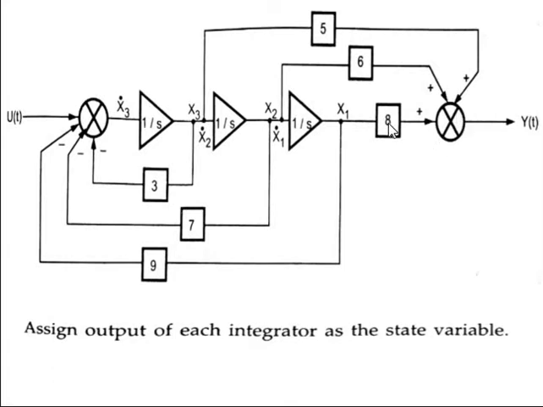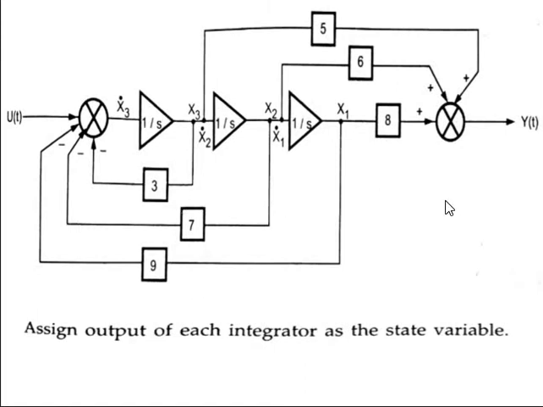Because 8 is not multiplying with any s. 6 multiplying with 1 s, so 6 is connected before one integrator, and 5 is multiplied with s into s, 2 s's, so 5 is connected before 2 integrators. This is one integrator, this is the second integrator. So the numerator is completed. This is the total required diagram for the direct decomposition method for the given state model.